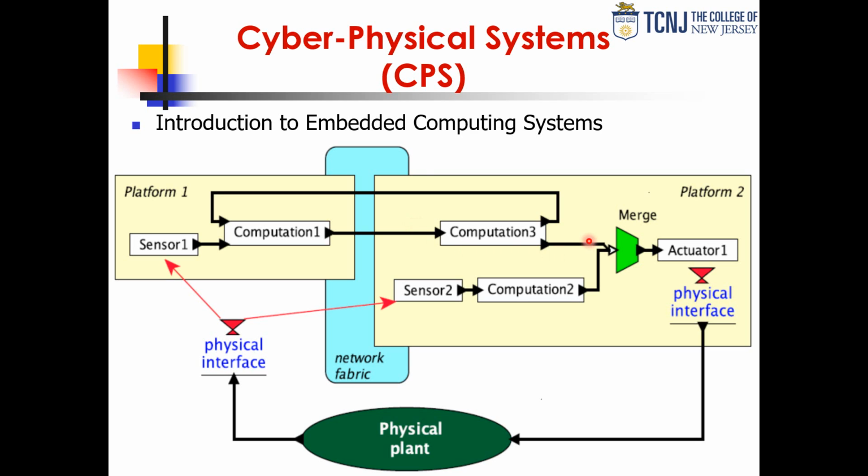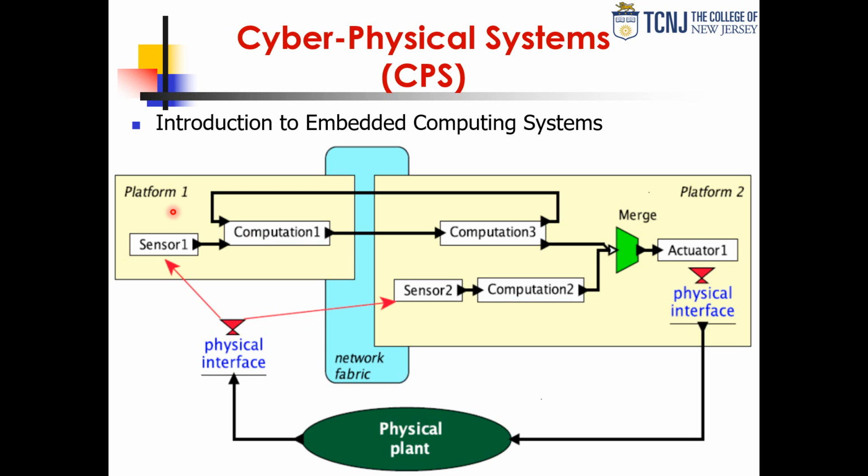So you have this computational unit over here, and you have sensors on this side, and actually you have two computational units, and you are combining, let's say that you're doing some sensor fusion, and that is driving some actuator through this physical interface. So that's a second platform, platform 2.